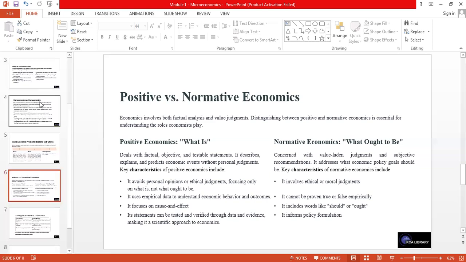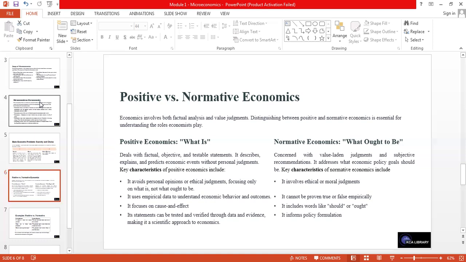And when we talk about positive economics, in short, we can mean what is. It answers the question, what is? And this deals with factual, objective, and testable statements. It describes, explains, and predicts economic events without personal judgment. A characteristic of this is that it excludes personal opinion or ethical judgment, focusing on what is, not what ought to be, just like we will see in normative economics.